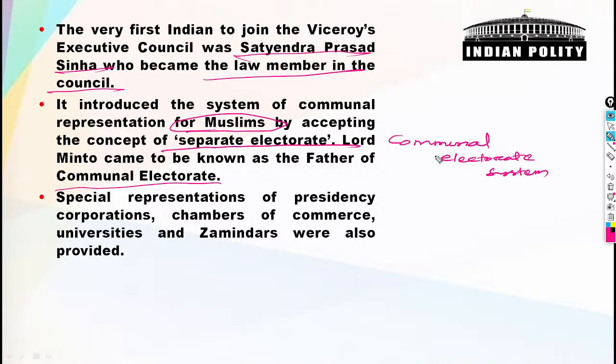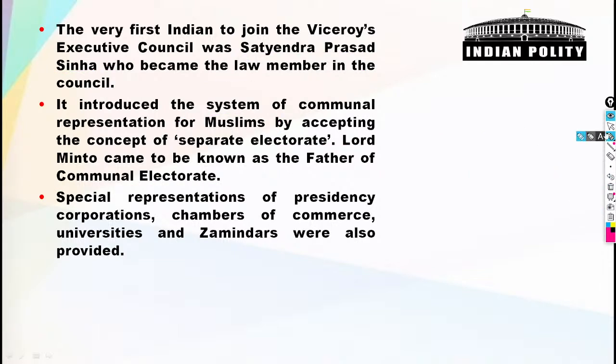It also allowed elections to the legislative councils, and allowed members to raise questions and discuss the annual financial statements. So, in a nutshell, we can say that it expanded the legislative base and legislative powers, and provided for Indians to participate more and more.